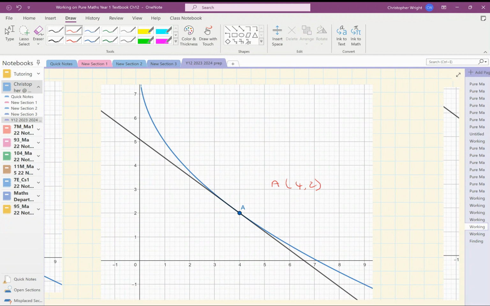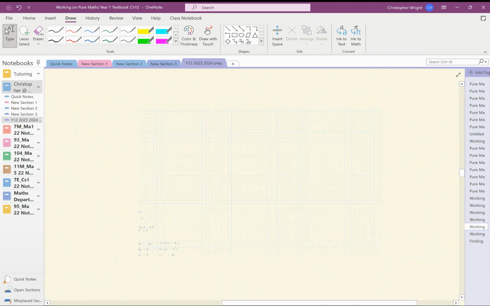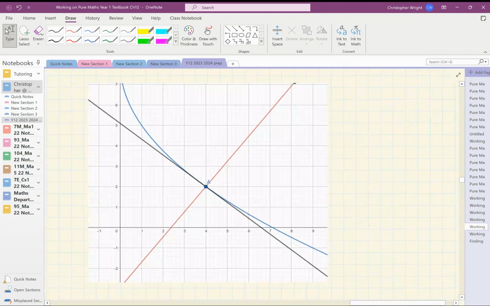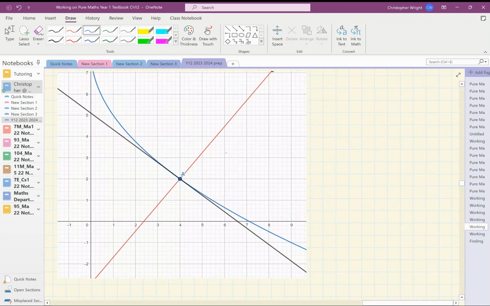But we don't want the equation of the tangent, we want the equation of the normal. So here is a third diagram, which shows you the point A (4, 2), and you can see the tangent, the black line, and there's the normal at the point A, which crosses at right angles there.